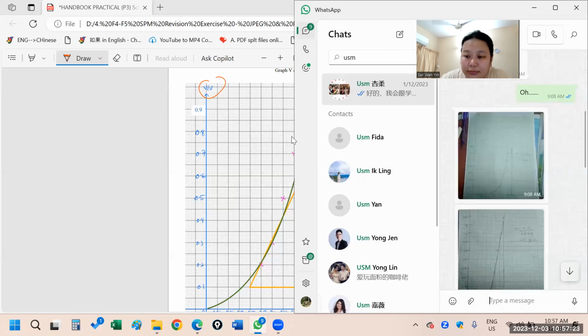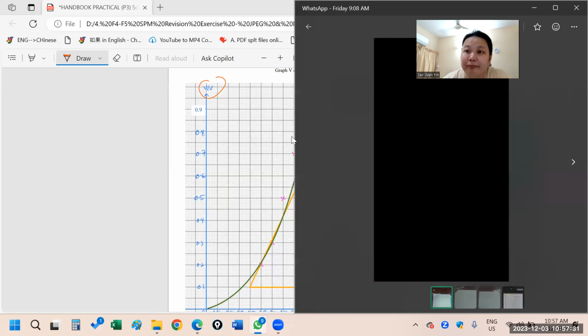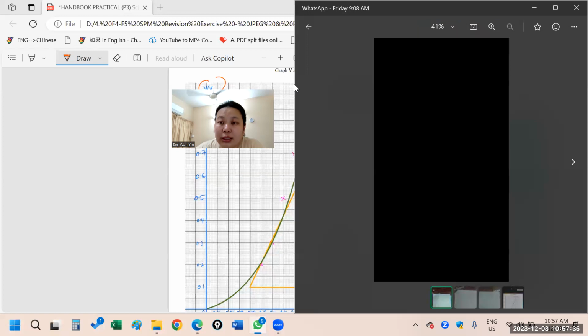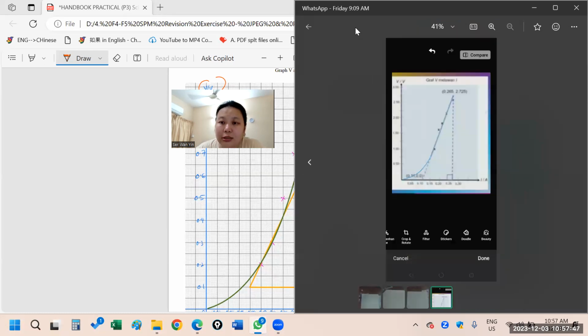Hey, why can't it open? Why can't it open? Wait, why can't it open? This one. Something like this.